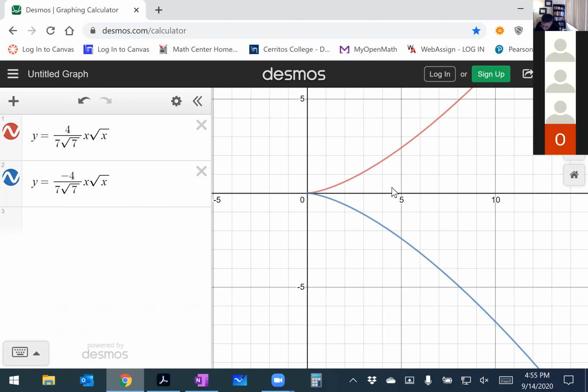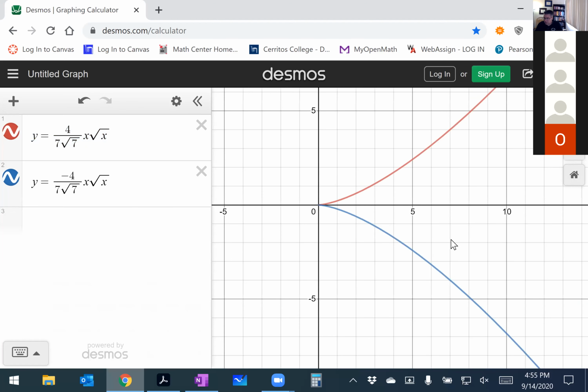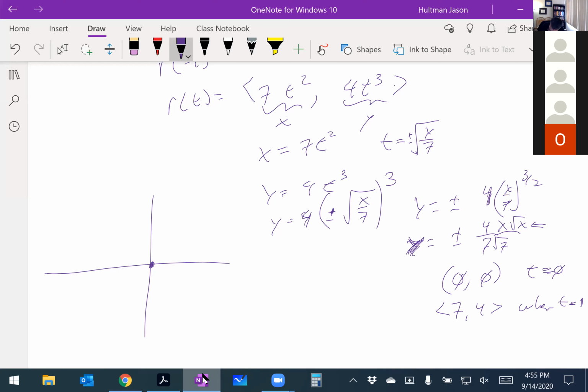Okay. So which one is it that we're really looking at? Well, let's plug in some values here and do the original function, for some values of t. Okay, so this thing looks like it's doing this, and it's doing this.